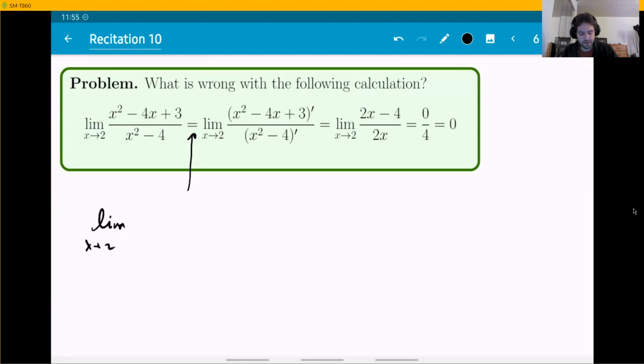Well, this original limit is not of those forms, because what happens when you try to plug in 2? In the numerator, you have 4 minus 8 plus 3. So that's minus 1, if I'm not mistaken, yeah. And the denominator becomes 0.